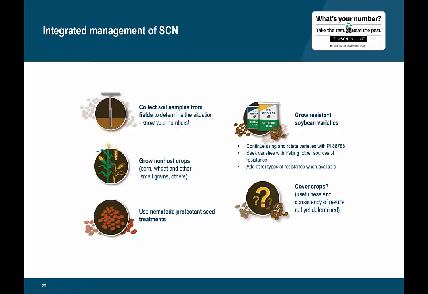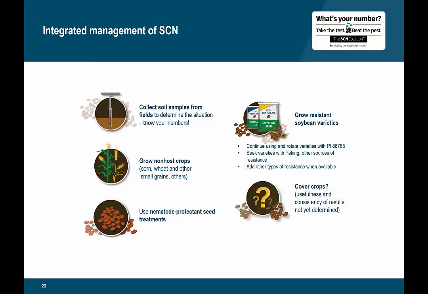There are many varieties that are resistant. The problem is that some nematodes are developing resistance to the resistance. In other words, they're breaking the resistance. If it's possible, rotate sources of resistance.